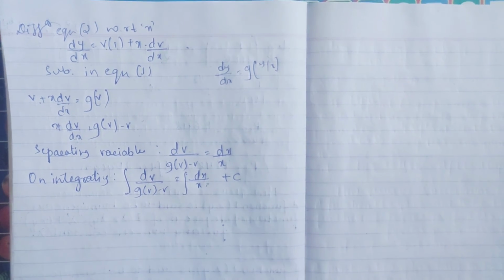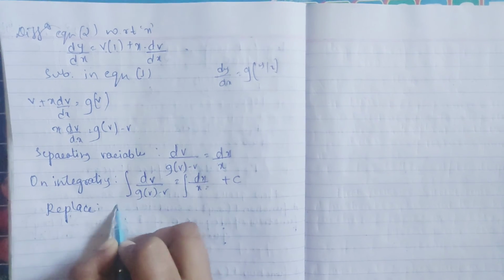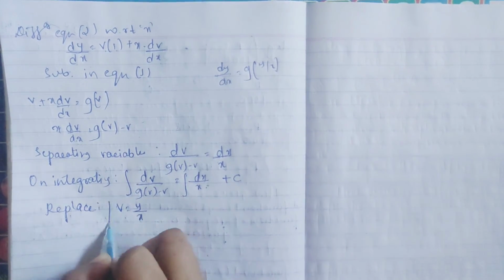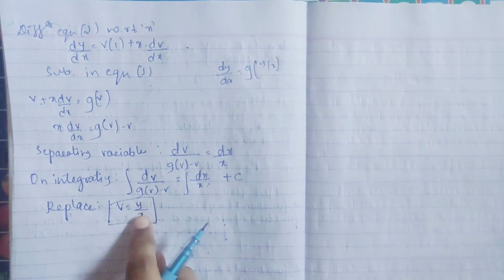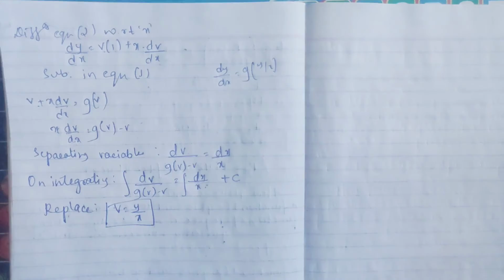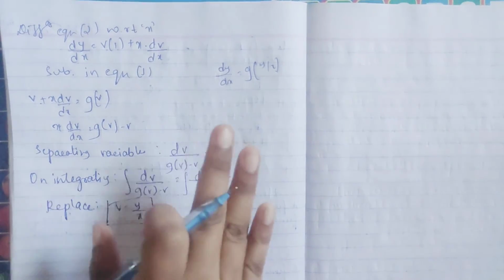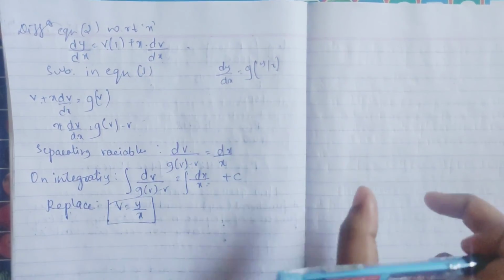Whatever integration you get, at the end we replace v by y by x, which was our actual expression, so that it gives the solution to the question. This is the procedure of solving a differential equation of homogeneous form.